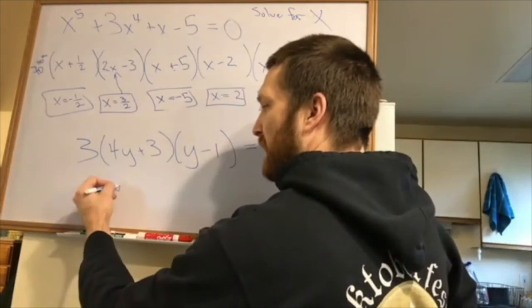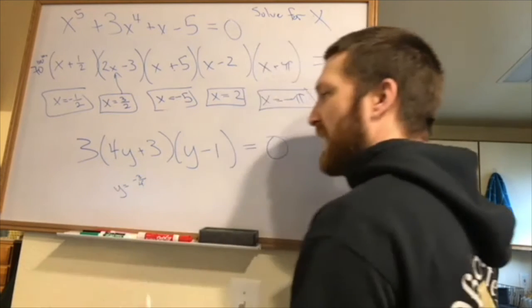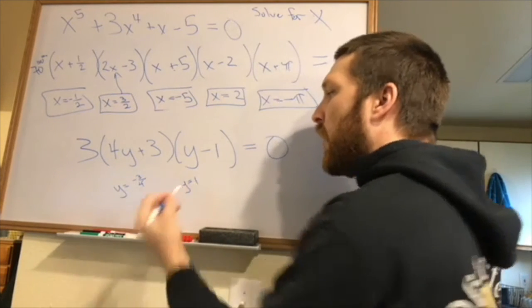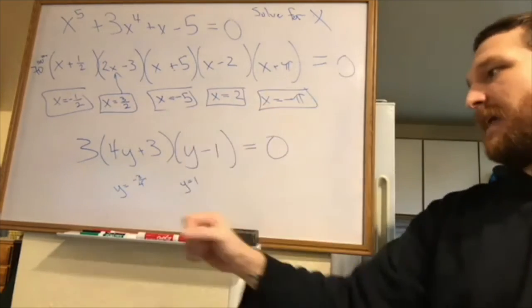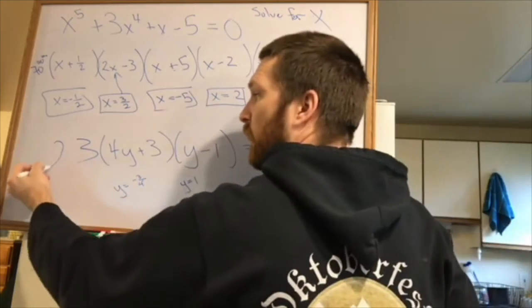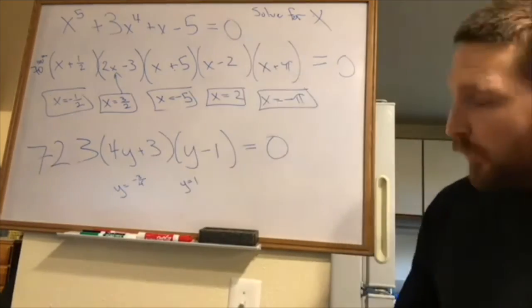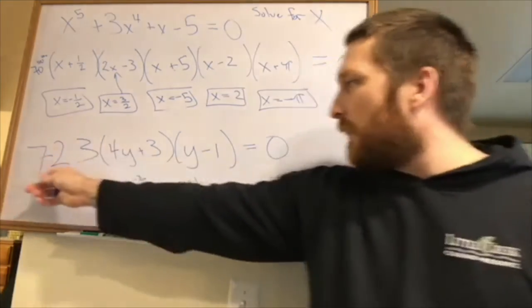And we found that, yes, if you plug in a -3/4, that will make that 0. If you plug in a 1 there for y, that'll make that 0. And it doesn't matter if this was a 3 or a 23 or a 723. Doesn't matter what number's out there.